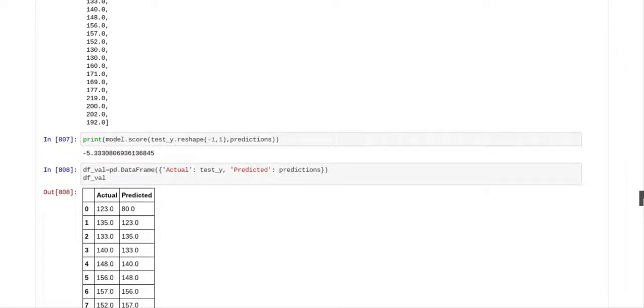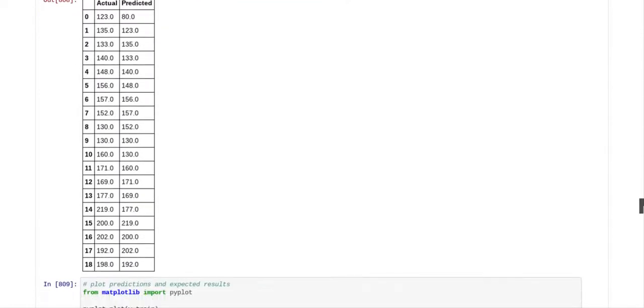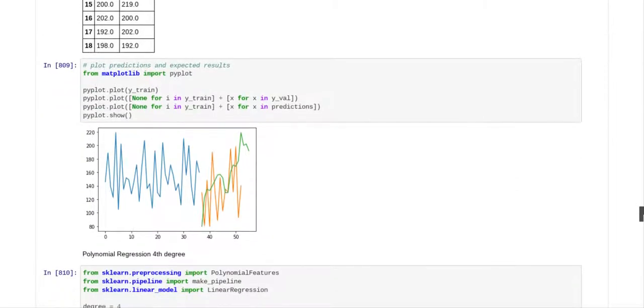And then you can see the predicted values and the actual values, and you can compare those values and see what you think of them. And then we did a chart. We put his values on a chart, and you can see how his values related to the actual values.